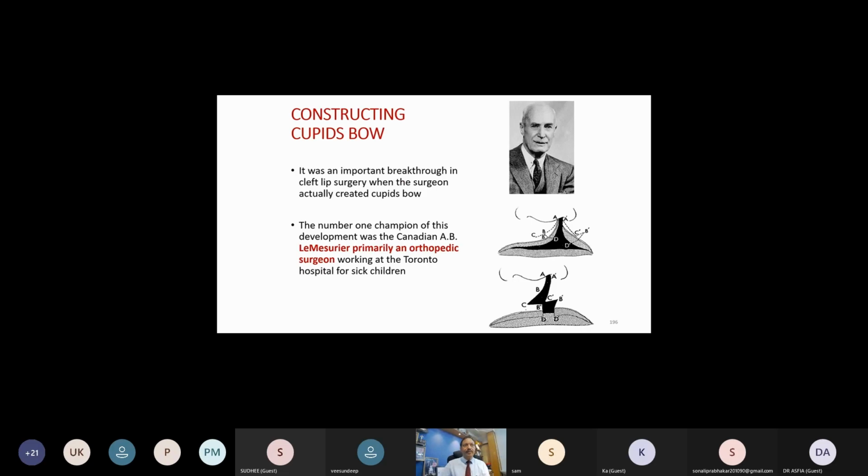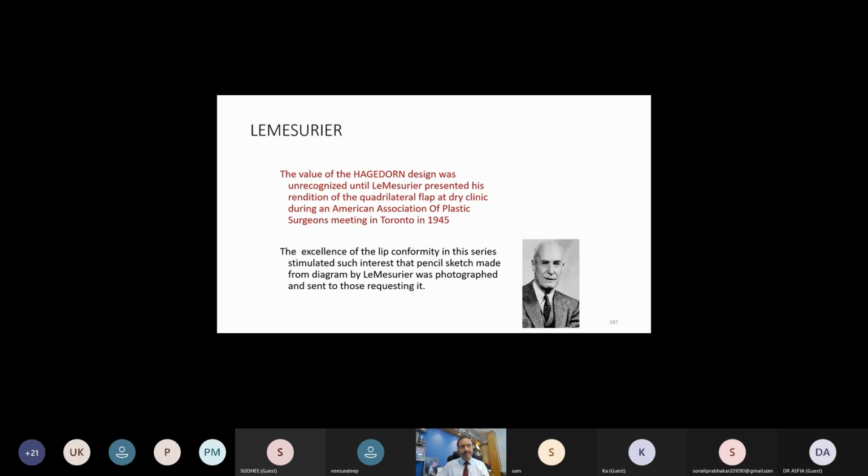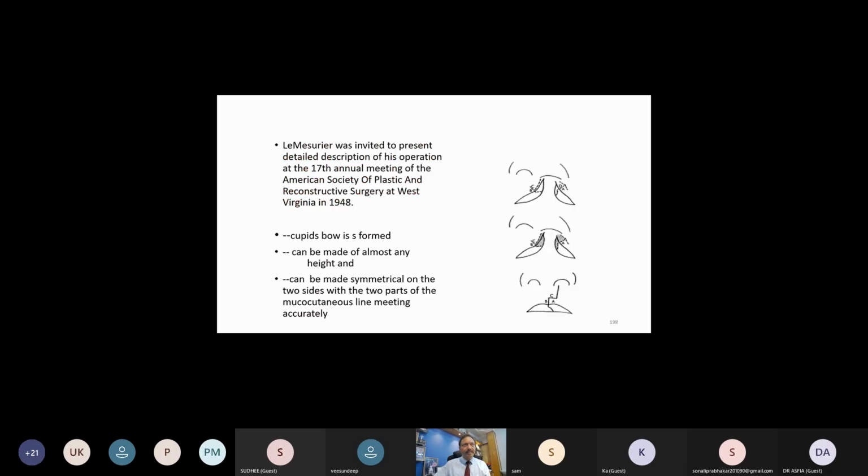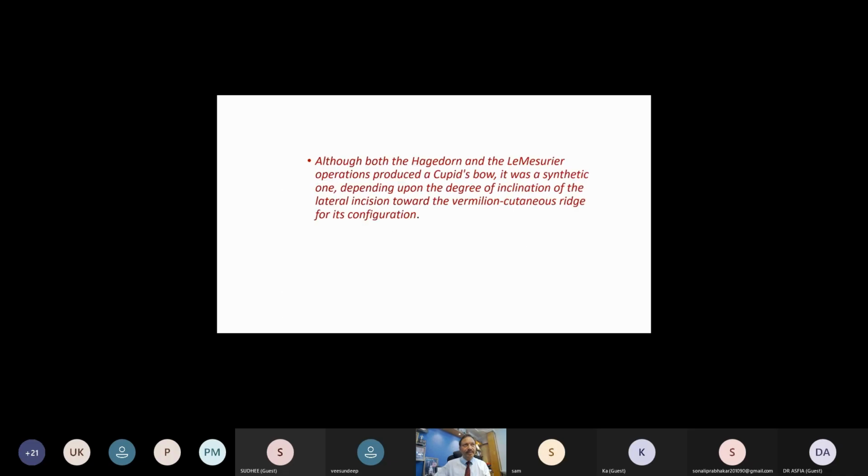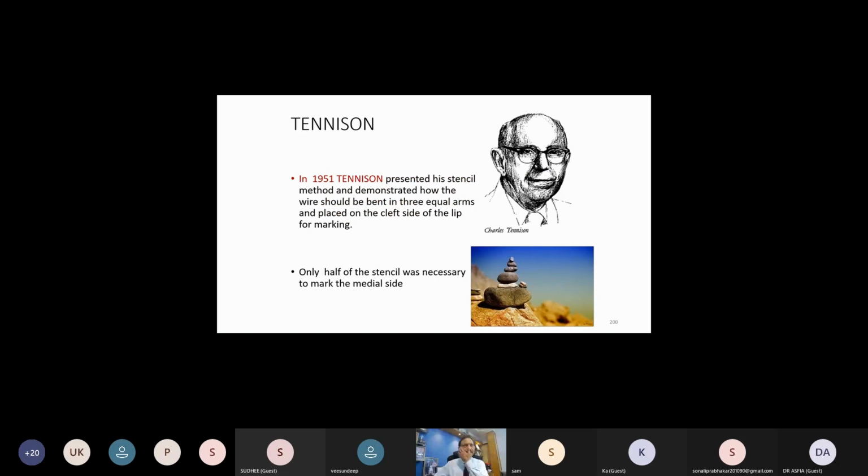Since the time of Le Mesurier, constructing the Cupid's bow became an important point. Then came Tennison. So this is the era where we all remember the names of Randall and Tennison and also Millard.